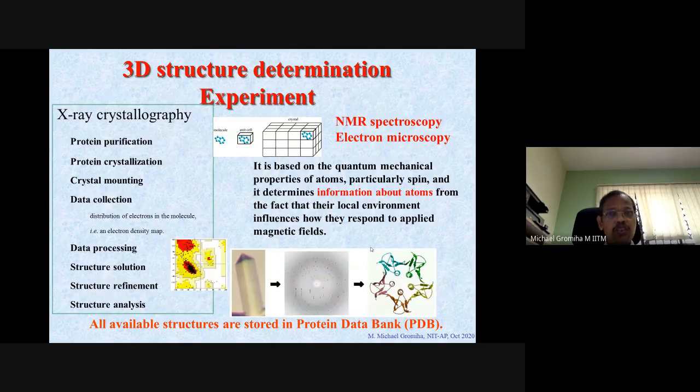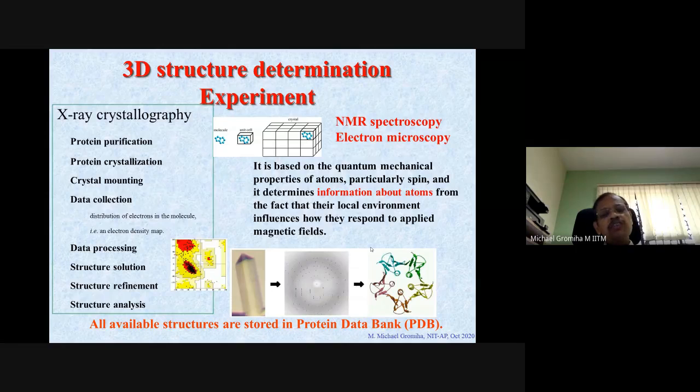So they should know where the binding pockets are, where a small molecule will bind, and the mechanism of action. So it is very important to have protein 3D structures to understand their functions. And that is the reason many investigators are spending time on protein 3D structures.